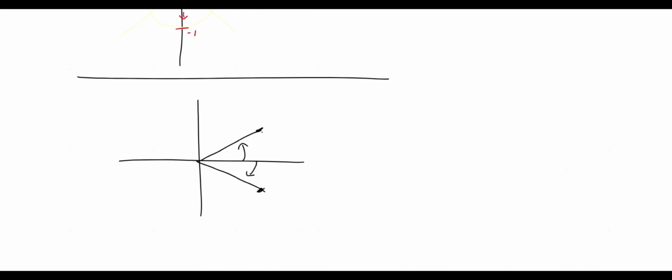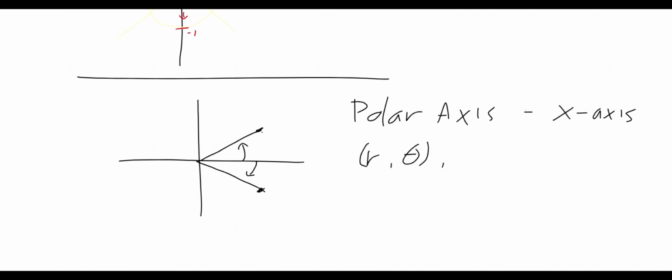So if we're going to check what we call polar axis symmetry, and this is going to be similar to x-axis symmetry, because the polar axis is the x-axis, the positive x-axis at least, we're going to have an r theta, and we're also going to have an r negative theta point always. So anytime we have r theta, you're guaranteed r negative theta.